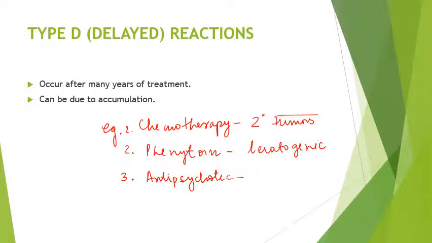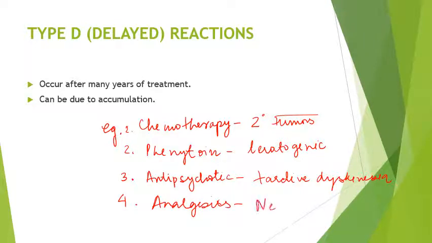Now the antipsychotic drugs may cause tardive dyskinesia. And the fourth one is analgesics, which may cause nephrotoxicity.